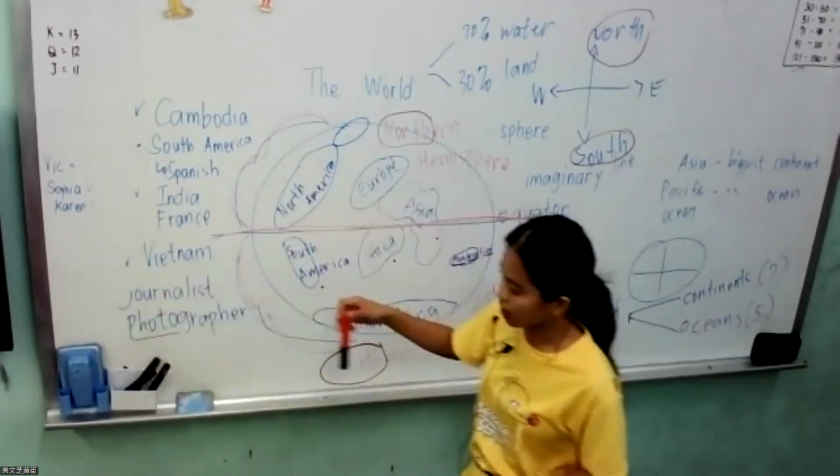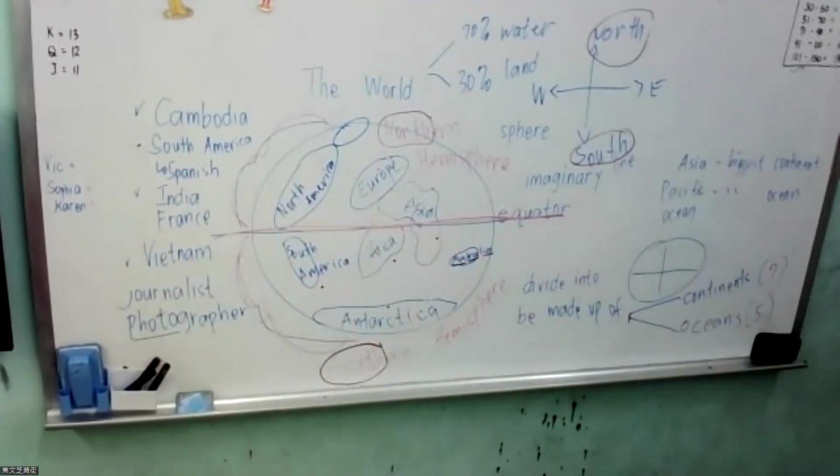The 7 continents that we have. 7 continents on Earth.